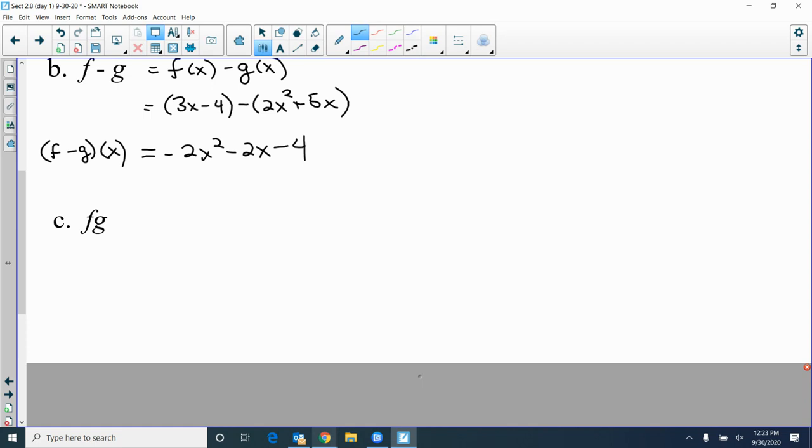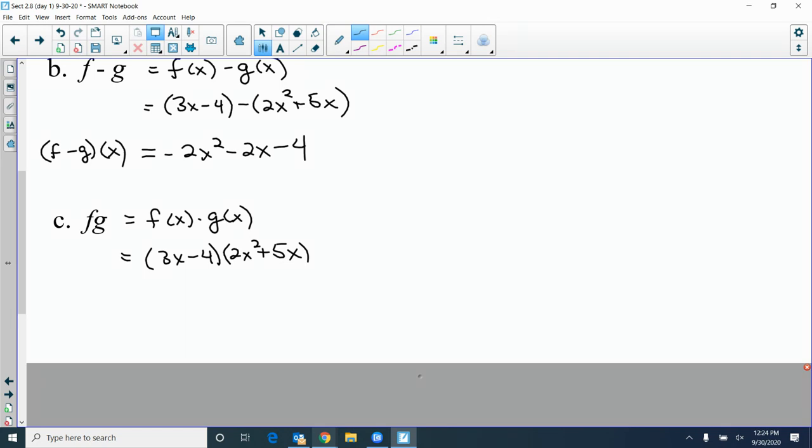Product, f times g. Okay, for c there, multiply them together. So this is going to be f of x times g of x. And what does that give me? That gives me 3x minus 4 times 2x squared plus 5x.